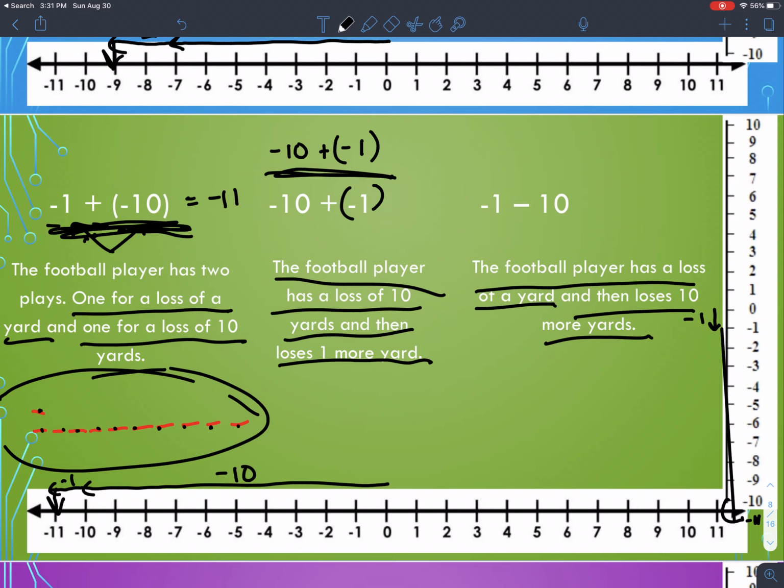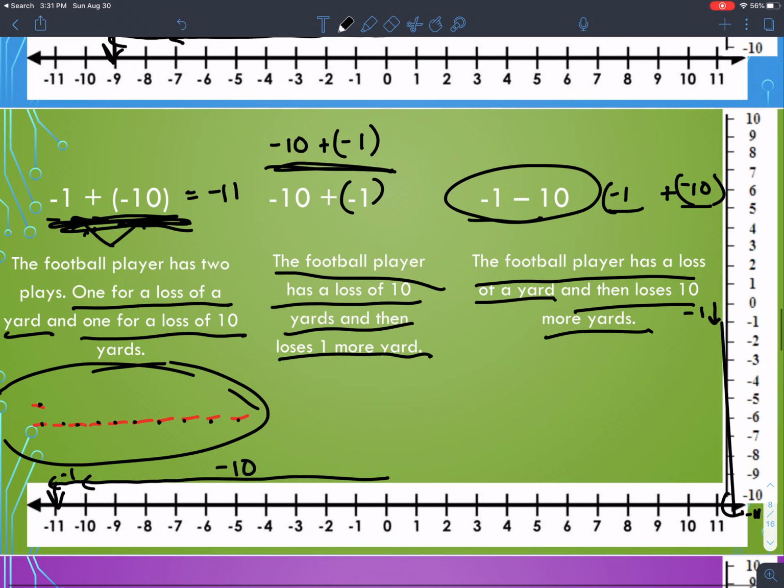It also means negative 10. We can write that either as a subtraction problem like this, or as an addition problem. We just know that the 2 things we're adding are both negative. So we have negative 10 and negative 1. Or we can think of it like negative 1 going down 10.